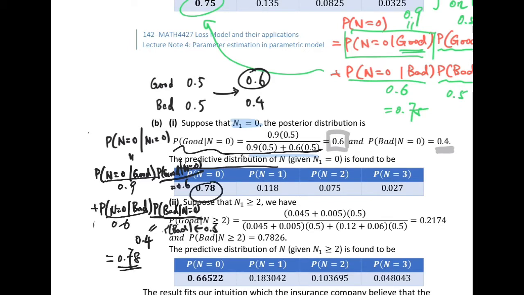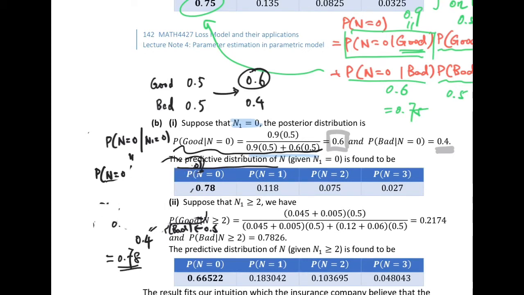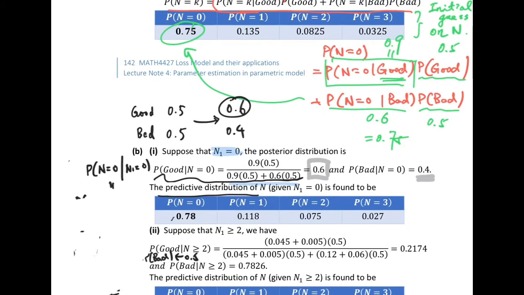And similarly, you can also do the same thing for n equal to 1, n equal to 2, n equal to 3. So to get this predicted distribution, we just use the same approach as before. We just replace this probability by the updated probability based on the new observation. Now if you look at the numbers here, you can compare with the initial case.